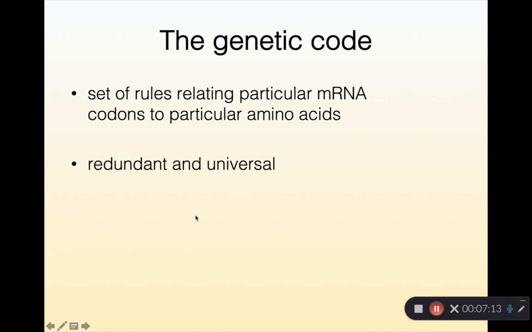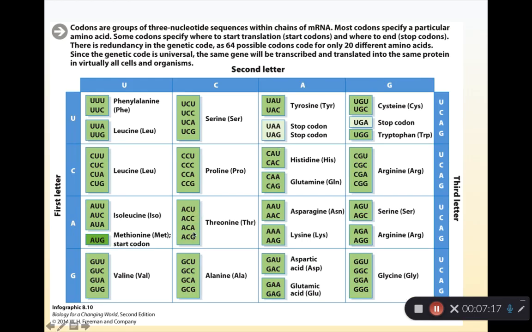And it's redundant and universal. So this is just an example of the different codons that are possible and what they can code for. So for example, all 4 of these sequences all code for the same amino acid. So that's where you get redundancy.